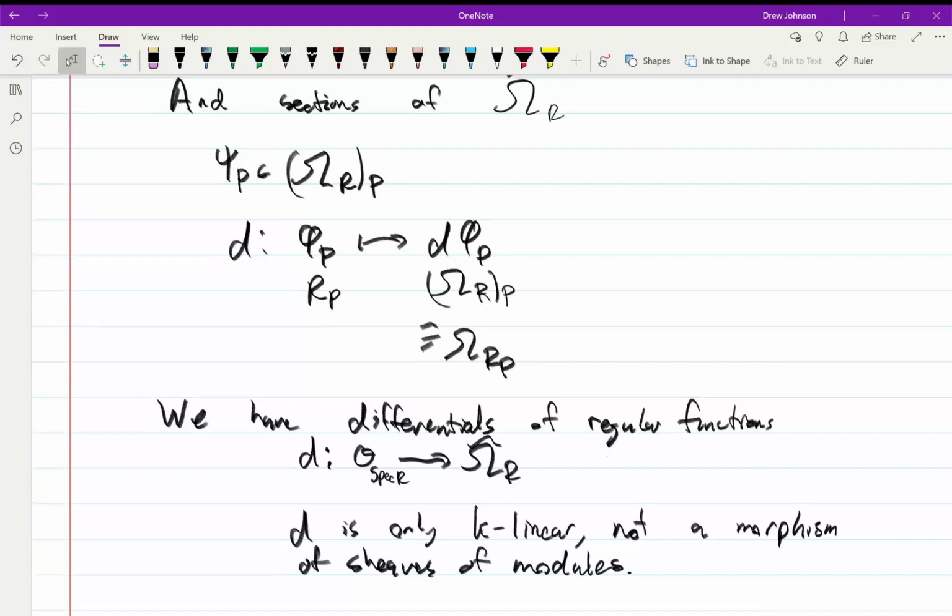And the point here is right. The map d from R_P goes into omega R_P, but the point was that that's isomorphic to the stalk of the sheaf, so you get something well defined like you want.